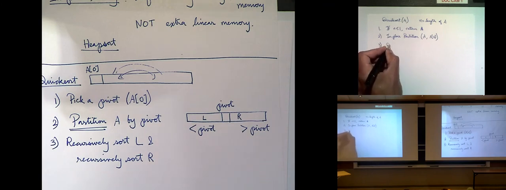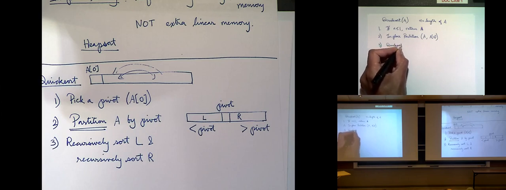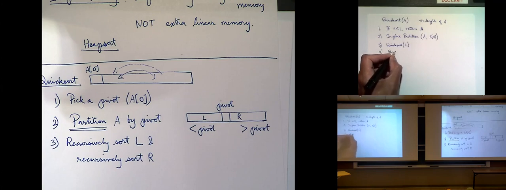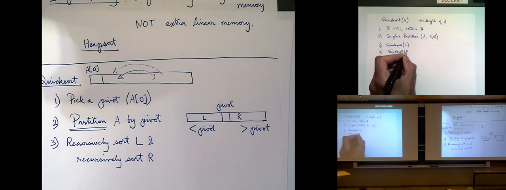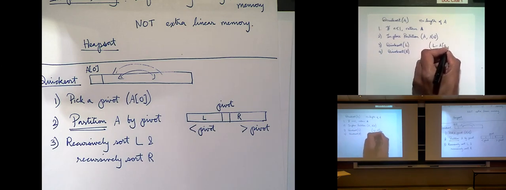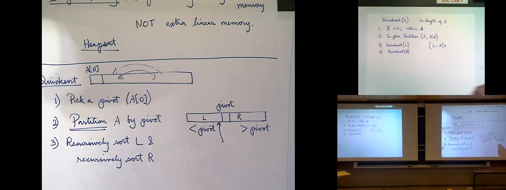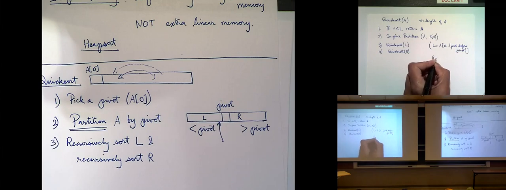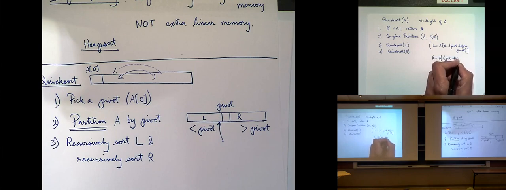So we'll do quicksort of L and quicksort of R. And so again, L is equal to A going from 0 up to just before the pivot, and R is equal to A going from just after the pivot going up to n minus 1. Does this make sense?